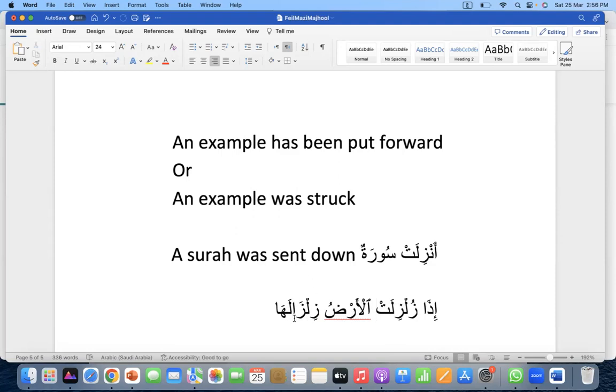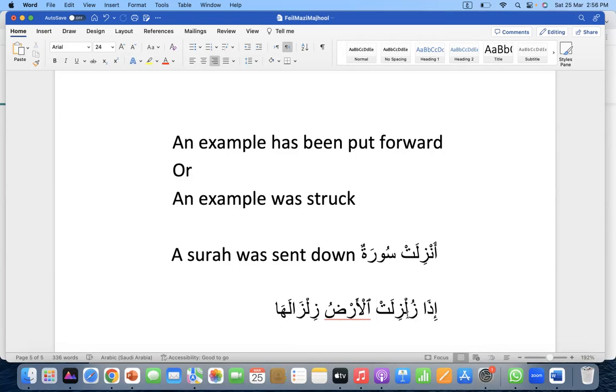See, zalzala, here also zalzala. It is generally used for emphasis. For example, he hit him like great hitting. In this case, zalzala means shaking.